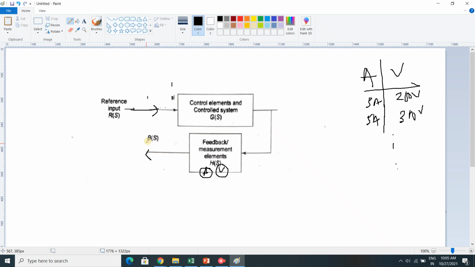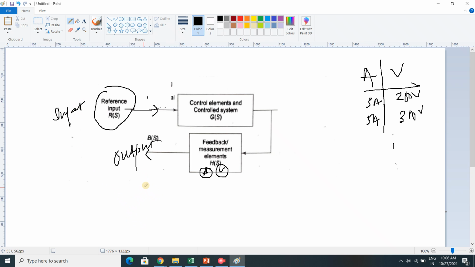C(s) is also not there because we are not using it. Now the output is B(s), because we are using a variac, giving the voltage supply, getting the current, and measuring voltage and current using the voltmeter and ammeter in the measurement element. So this is the input and this is the output.